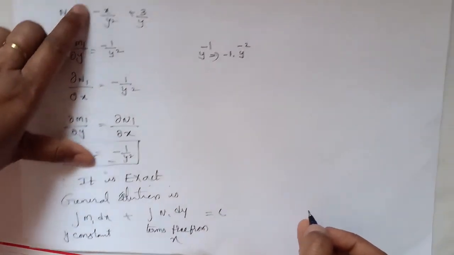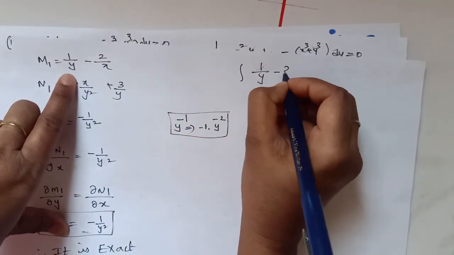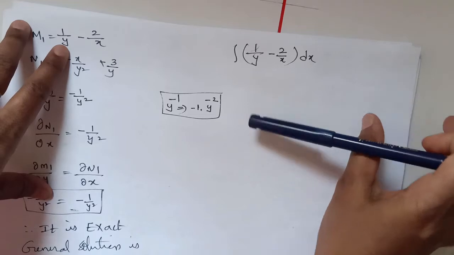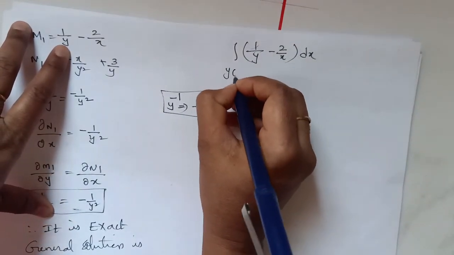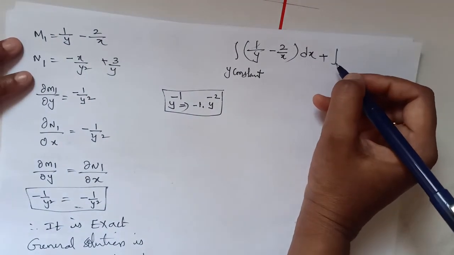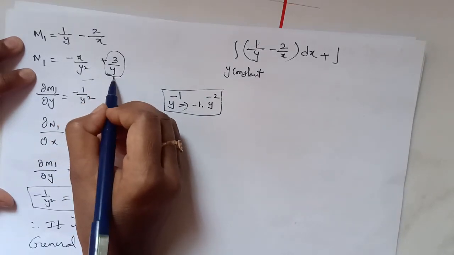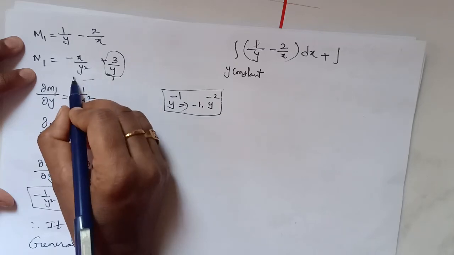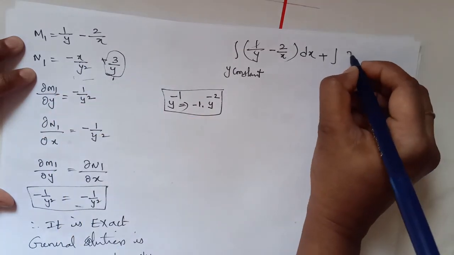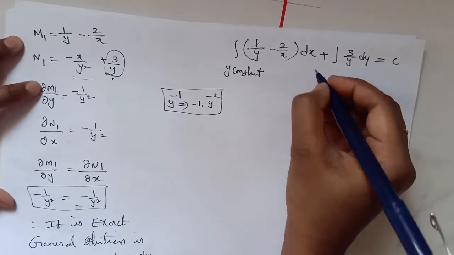Okay, here M1 is 1 by y minus 2 by x into dx, y constant, plus integral of the N1 terms which are free from x. Look at this N1 term. In the second term only you don't have x. This is only free from x. In the first term you have an x term, so it is not free from x. So only 3 by y dy you get, the terms free from x.